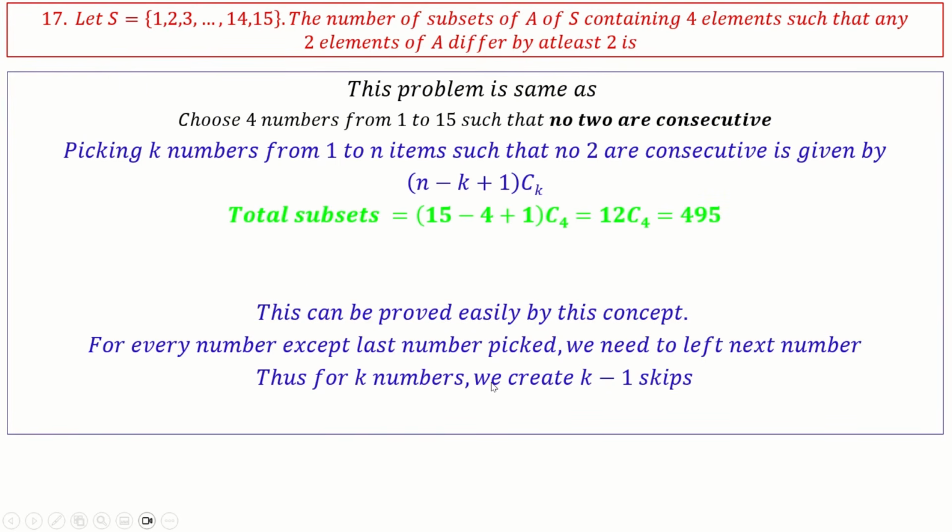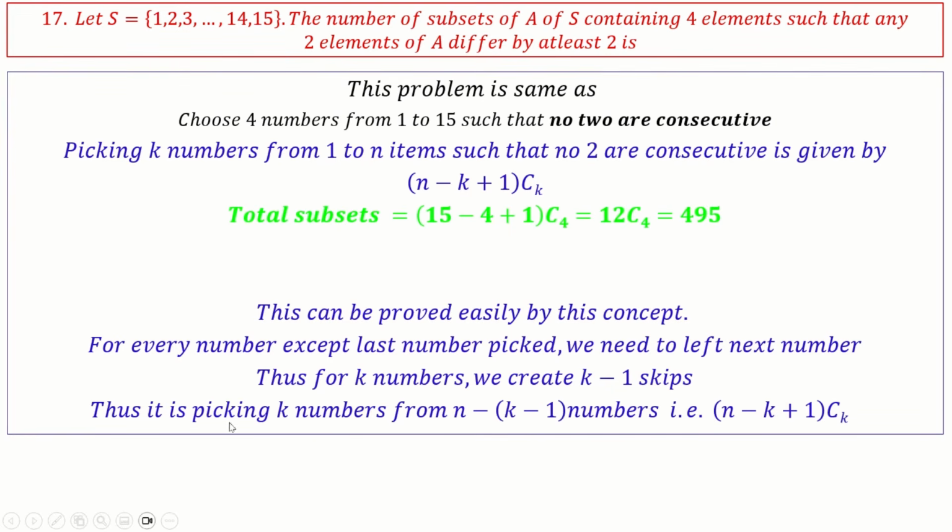Whatever number I pick, I have to skip the next one, right? So thus it is picking k numbers from n minus k plus 1 numbers, because k minus 1 I have to skip, right? So this is nothing but n minus k plus 1 C k. Okay, that's what this formula is.